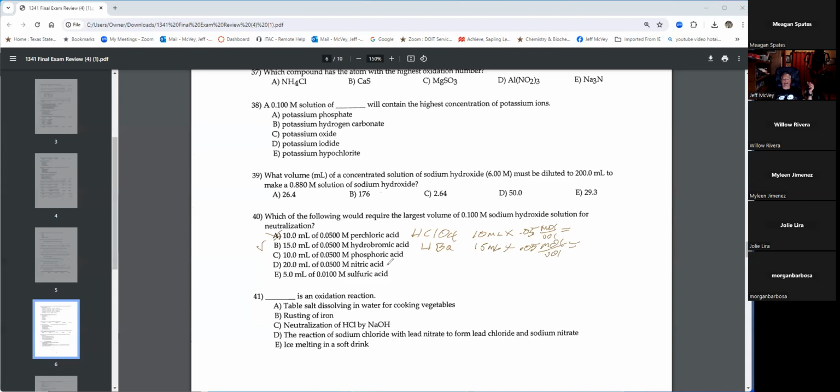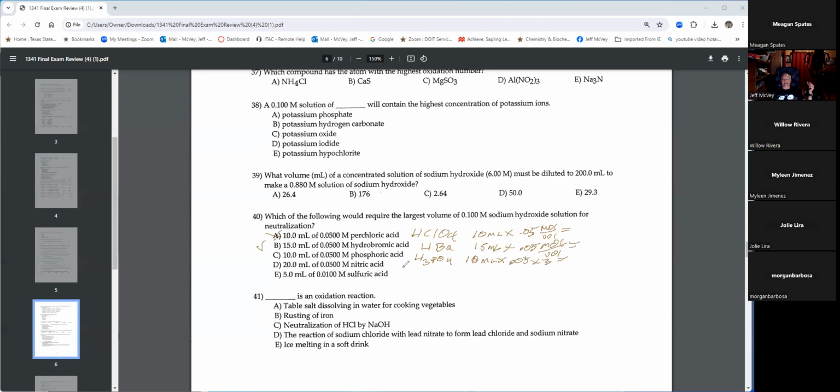So we've eliminated A. Now we've got B as our answer, but this time I've got phosphoric acid, which is a triprotic acid, and I've got 10 mils of it. So I have 10 mils times 0.05, but now I have to multiply times 3 because I've got 3 protons for every 1 mole of phosphoric acid.